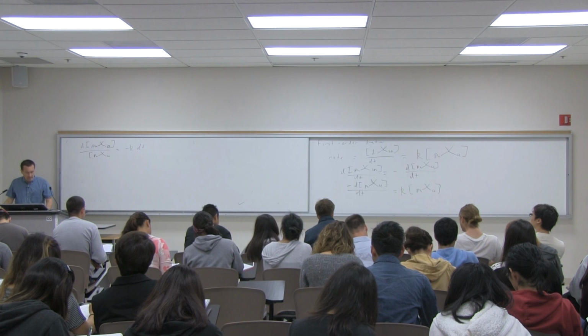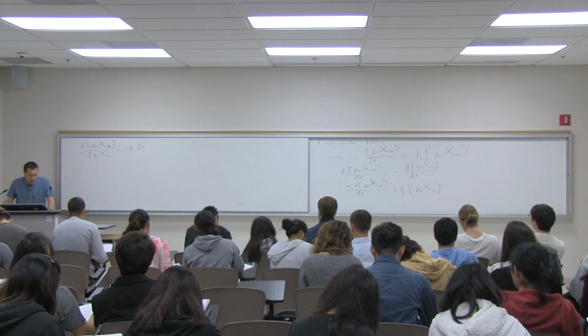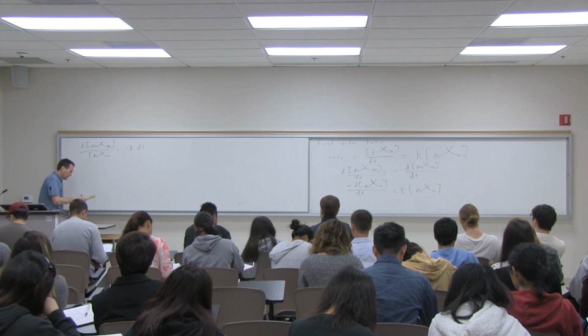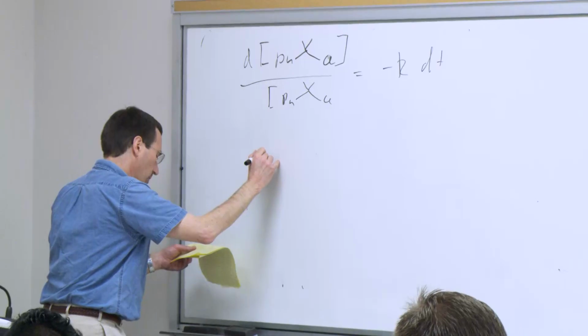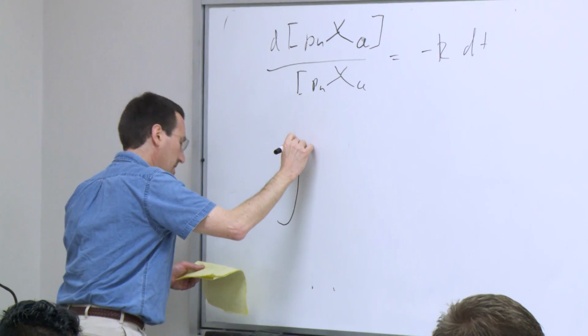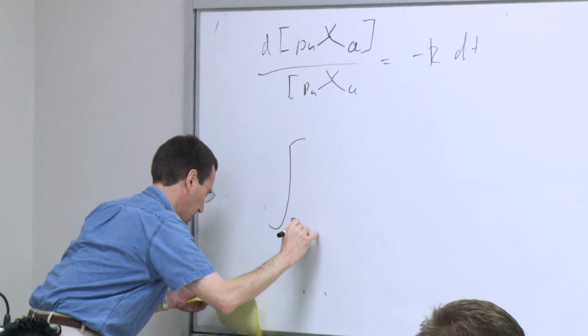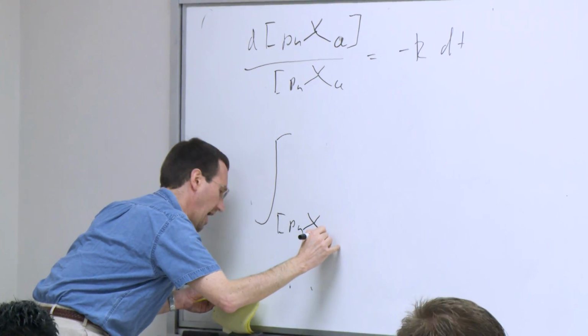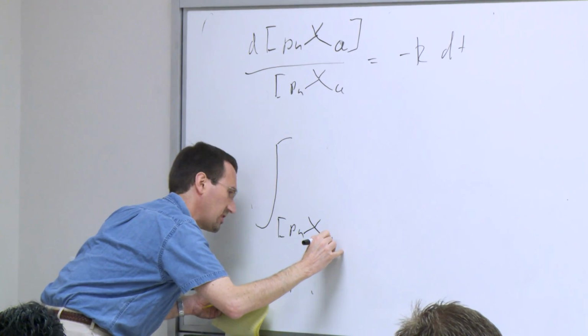So now we have an expression that relates our reactant concentration to time. We can integrate that expression to find at any given time our concentration of reactant as a function of time.